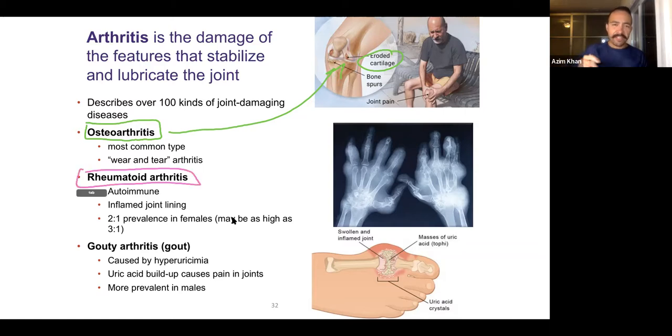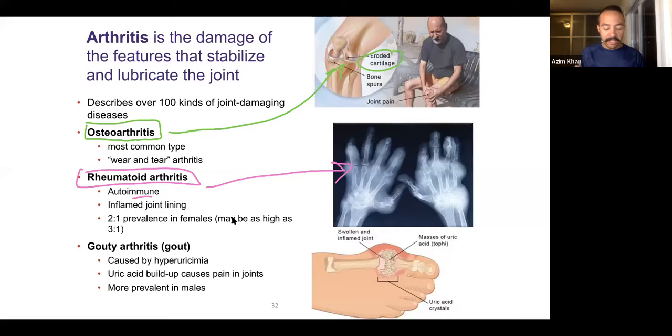If you watch some TV commercials, you might see ads for drugs that treat rheumatoid arthritis. Rheumatoid arthritis is an autoimmune condition. That means your own cells are attacking your joints. Your own immune cells, your own white blood cells, are attacking your joints, and that can cause inflammation. Not fun.